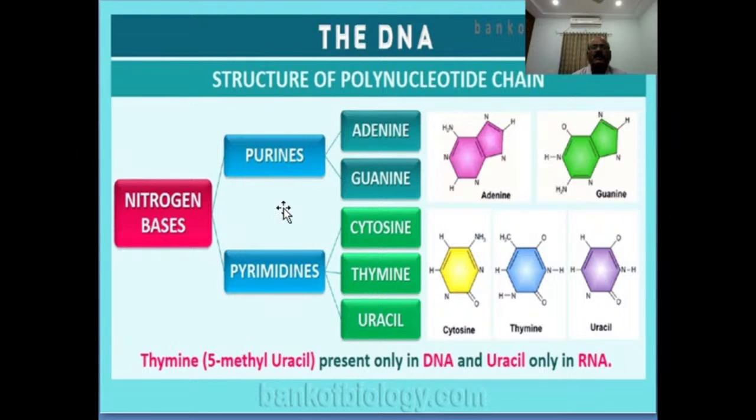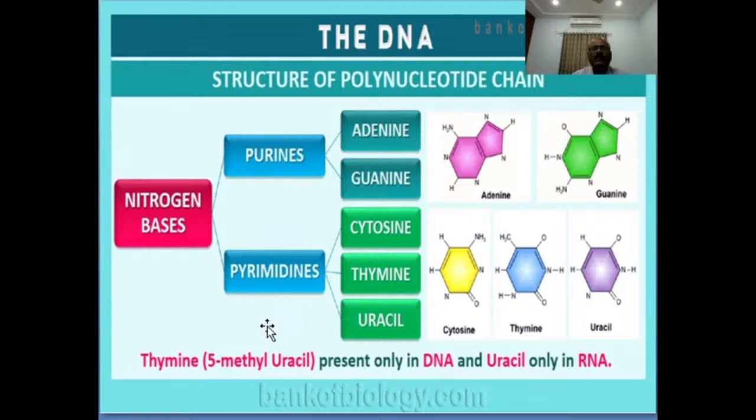So, in nucleic acids, purines are 2 types, adenine and guanine, whereas pyrimidines are 3 types, cytosine, thymine, and uracil. So, in nucleic acids, the total types of nitrogen bases are 5: adenine, guanine, cytosine, thymine and uracil.